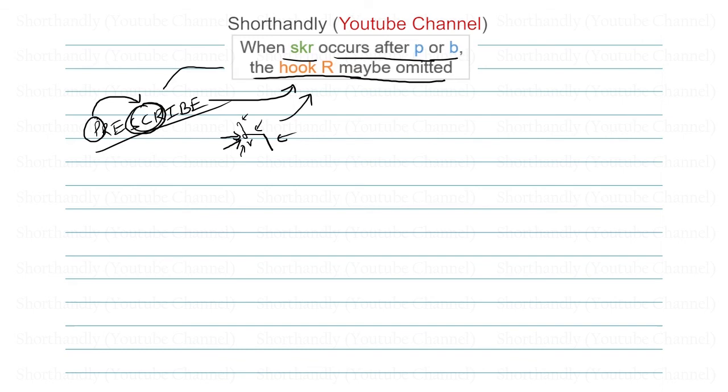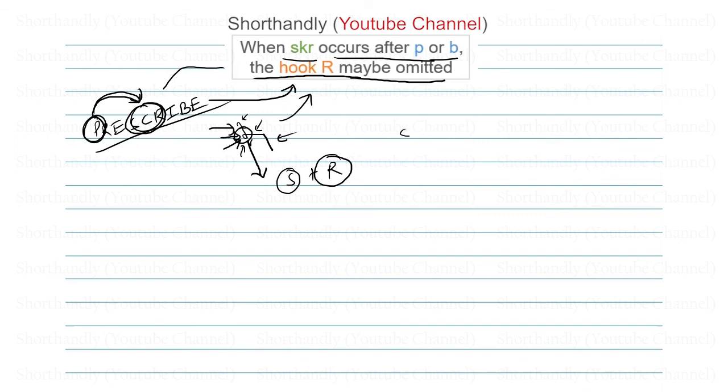We have SKR which is coming after the P consonant. So still we can consider this word as prescribe, because we can consider this part as S also plus R also.